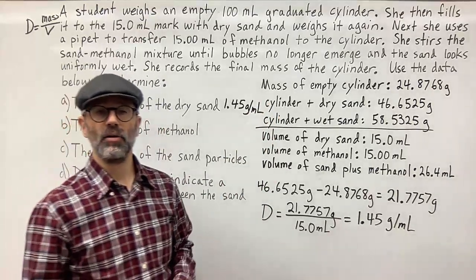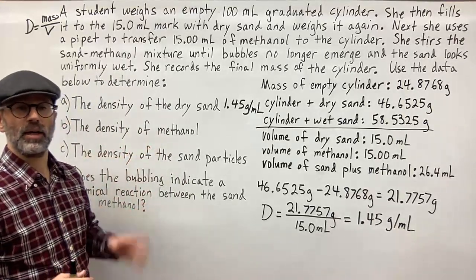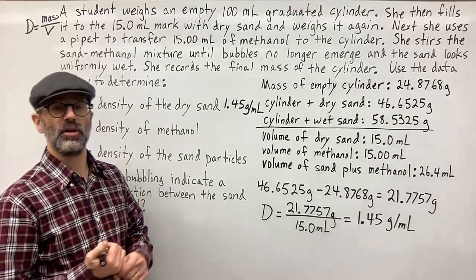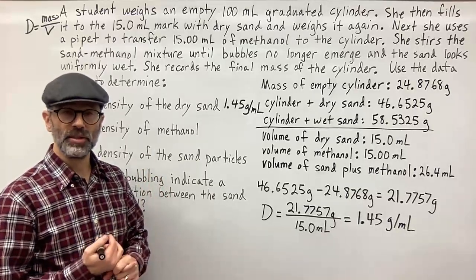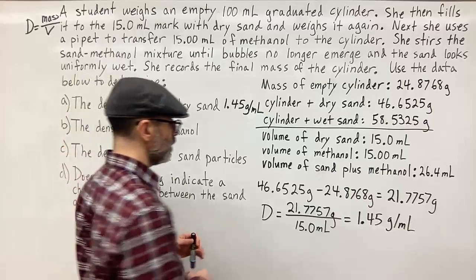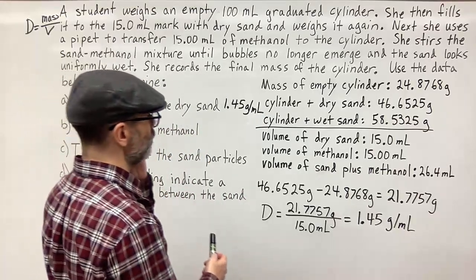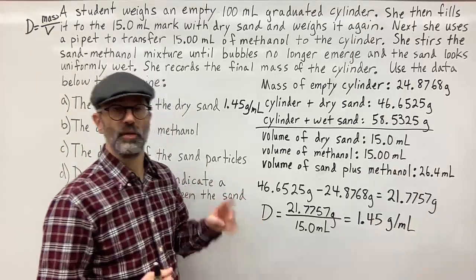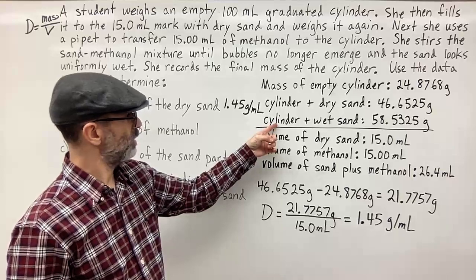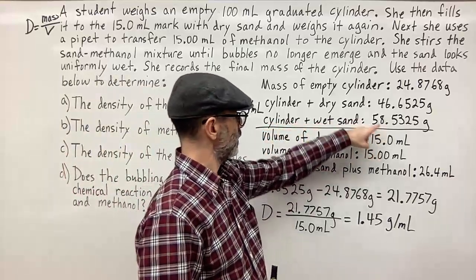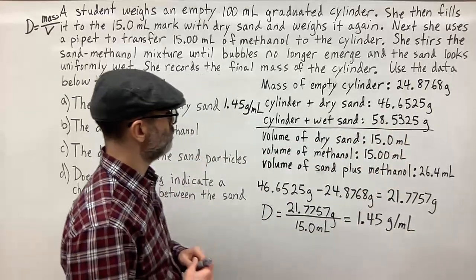Okay, now next we have the density of methanol. So same thing, find the mass of the methanol, find the volume of the methanol, divide those together. So do we have the mass of the methanol? Well, remember, we have that cylinder plus the wet sand is 58.5325.